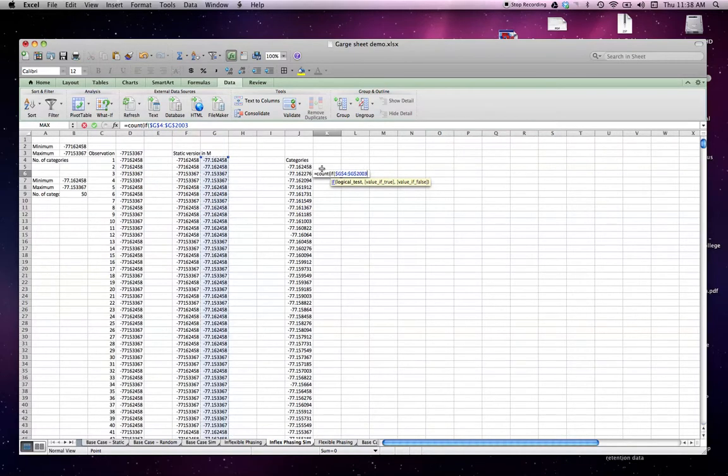Absolute, right? If anything in there, how many of these are less than this one? Okay. And if it's less than that, or I should say less than or equal to that, then put in a 1. And then enter it as an array, just like before.